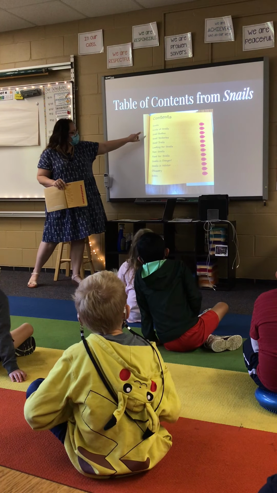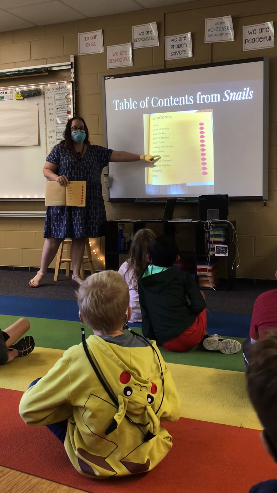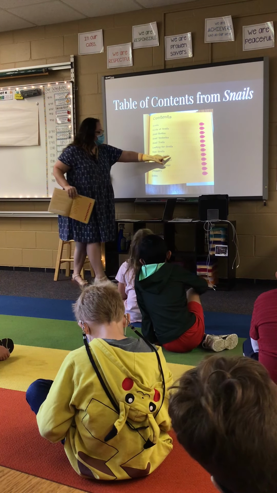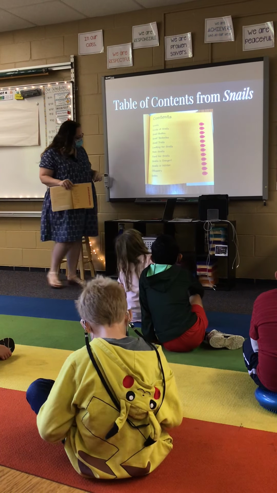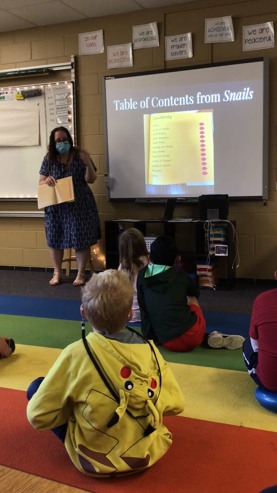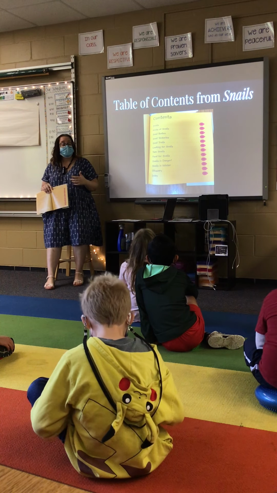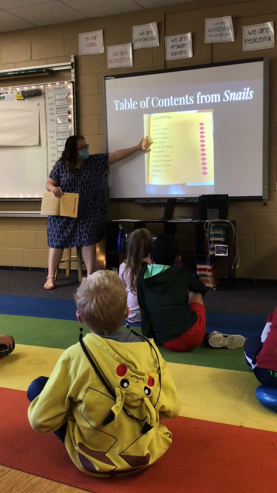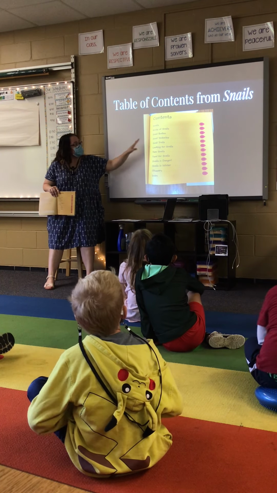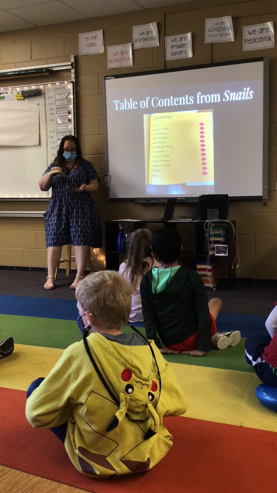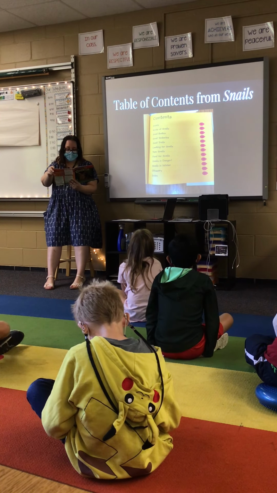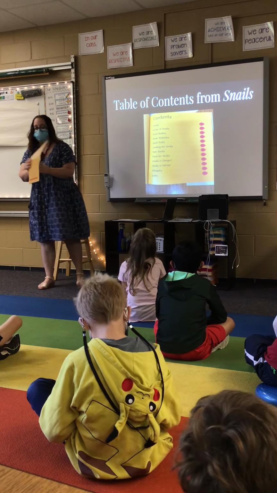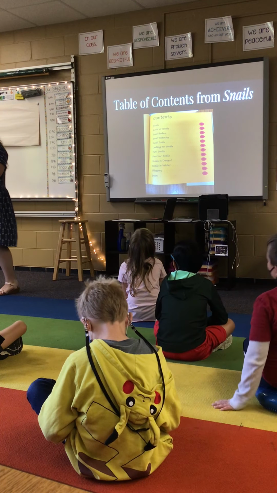So he probably saw food for snails, right? So that's the topic, and he's followed this. It says page 18. So the table of contents shows you topics. Sometimes these are called chapters, and these are the chapter titles that you can flip to and see where certain information is. So we are going to read about snails.